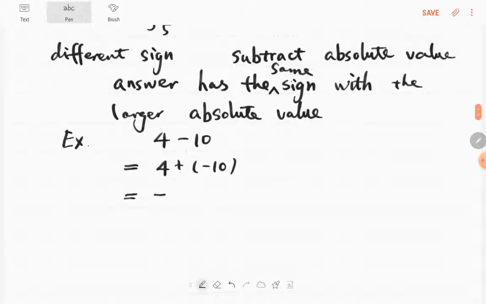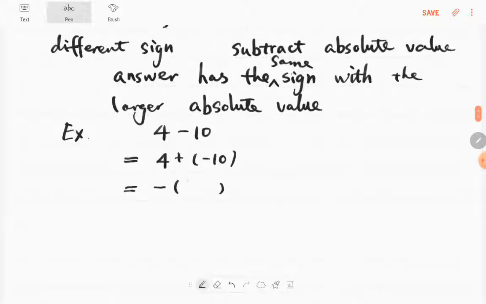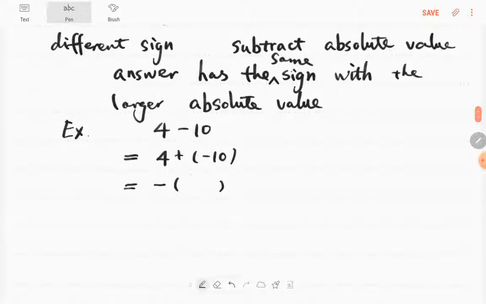After that, we only need to get the difference between their absolute values. Their absolute values will be 10 minus 4.